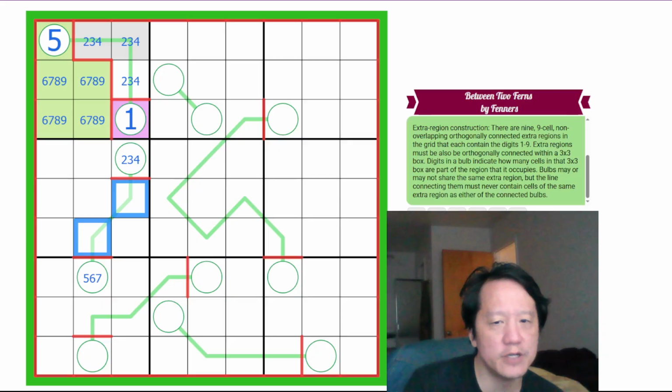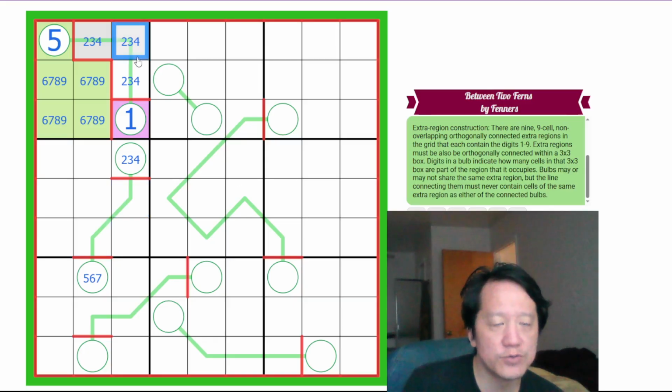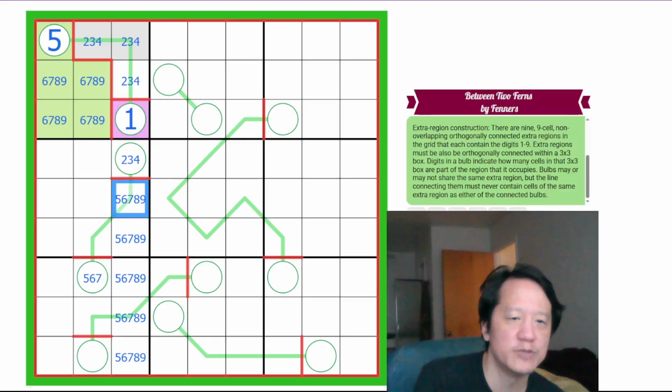So in between is what? 3, 4, 5. We have again 2, 3, 4 is a triplet, which makes this 5 through 9. To be in between, it cannot be 7, 8, 9. So it's 5 or 6, which means this is not 6, 5 or 6 there. It's 6 or 7.